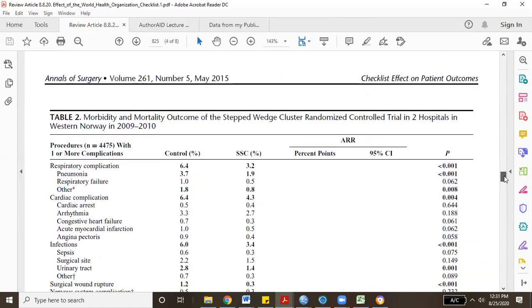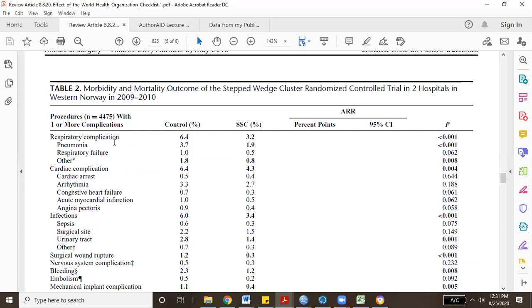Okay, so we went to table 2, where they looked at the morbidity and the mortality outcome of this randomized control trial. So as you can see, they also did a comparison between the control and the treatment group. The first thing they looked at was the number of complications, example, respiratory complications.